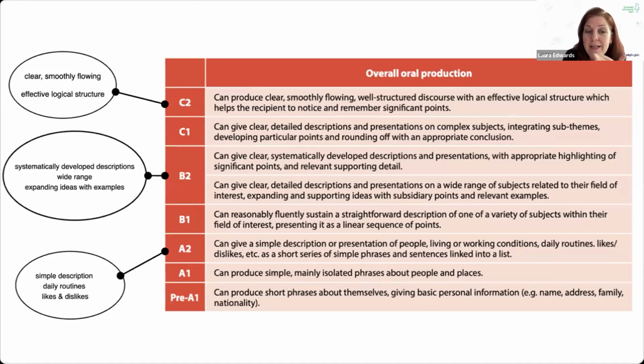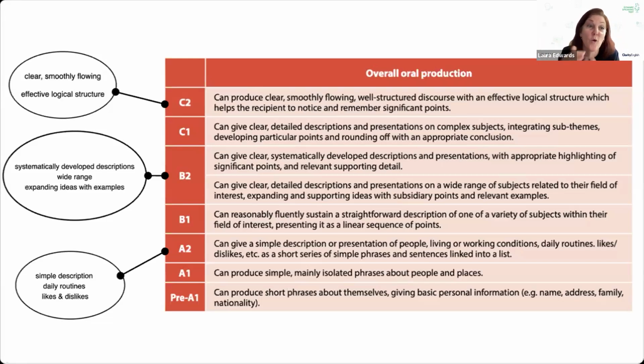They're beginning to be, they can expand and support their ideas. And B2, the higher level one there is systematically developed description. So we want this developed idea. You know, they can highlight significant points and bring in supporting detail. So I mean, this is a great level.